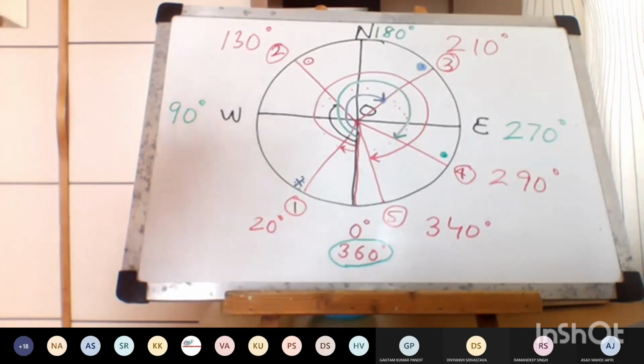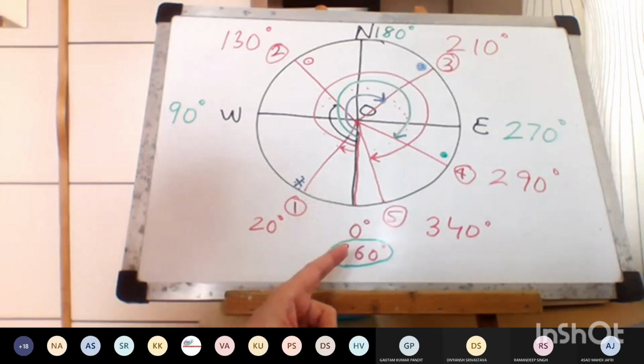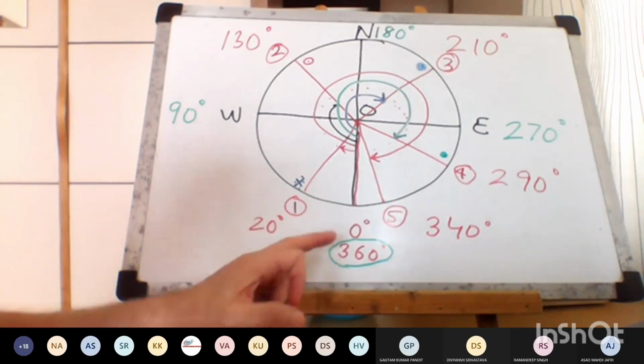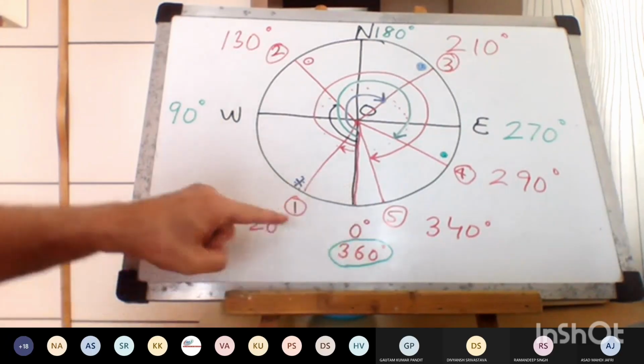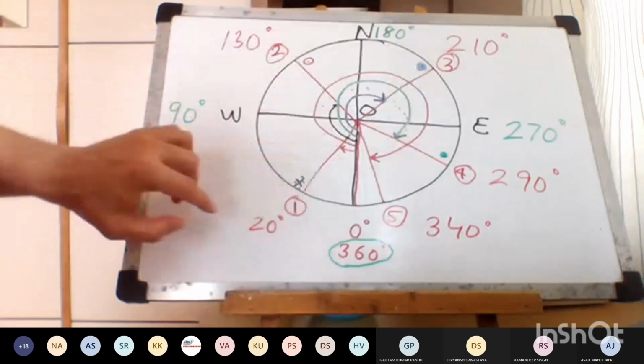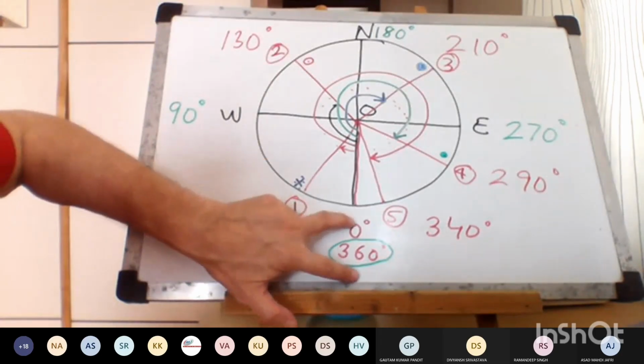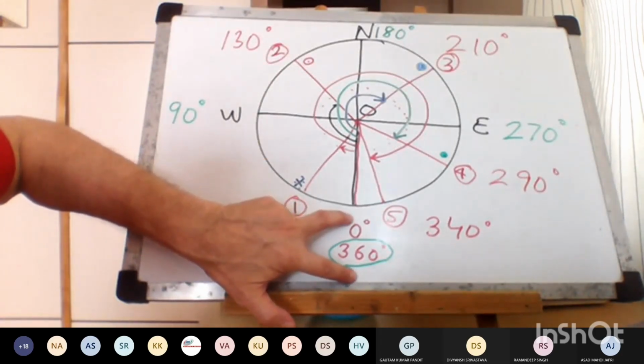Let me repeat once again. Local hour angle is measured from the meridian of the observer westwards up to the meridian passing through the body. So these are the local hour angles. There is one body here. LHA at this point is 0 and 360.